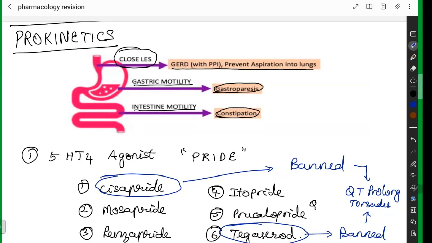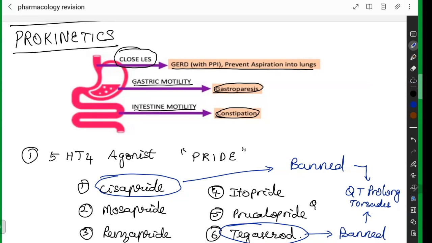But what happens? Whenever you have excessive vomiting, you increase the kinetics, you increase the esophageal contraction and relaxation, that is peristalsis. When you increase the peristalsis, that will help in the movement of your food and other particles in the forward direction.